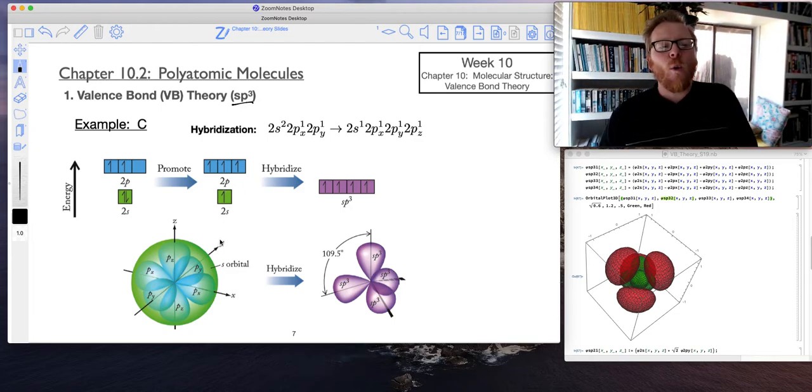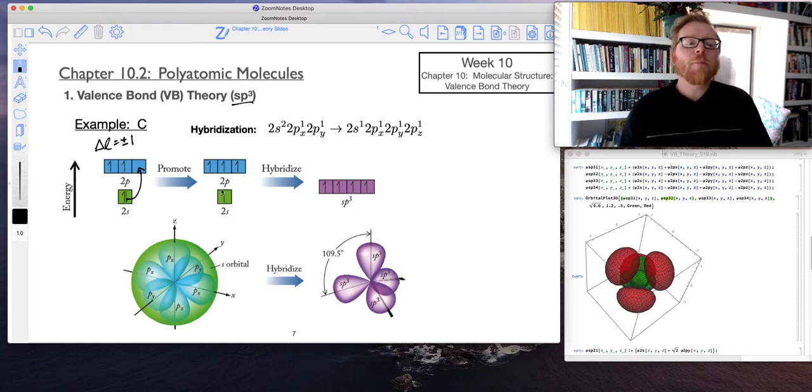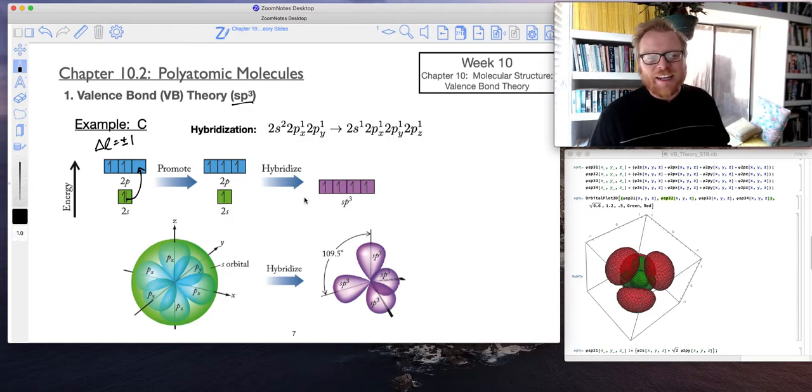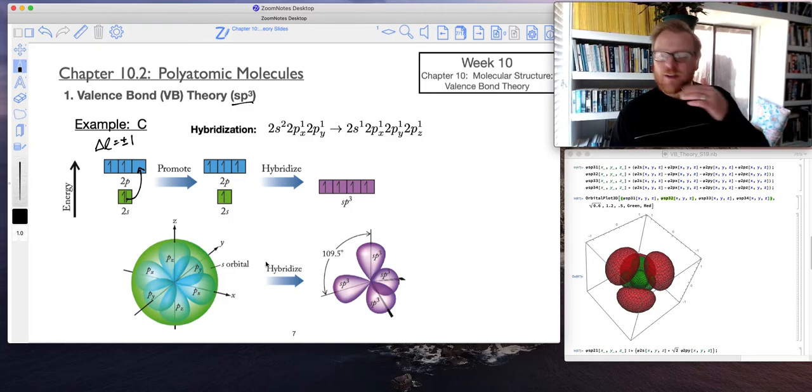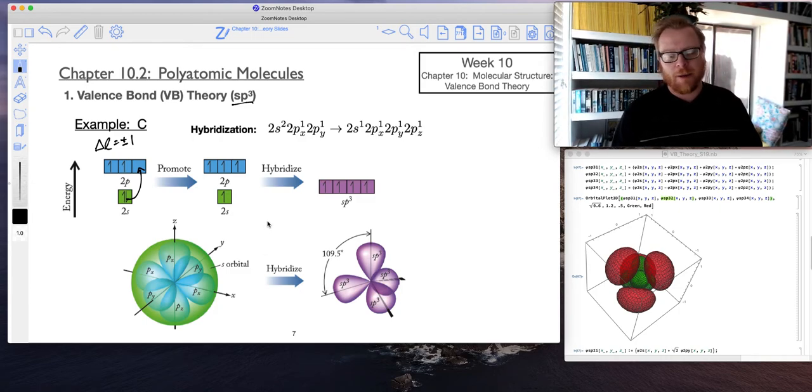Although it's not really promoting to an excited state, even though delta L is allowed to be plus or minus 1, that's fully allowed, right? For example, this 2s can shift up to the 2p. But again, it's not really like an excited state, like pumping energy into something and watching it promote to an excited state, okay?